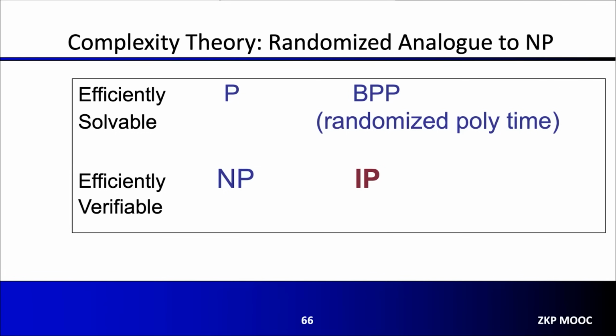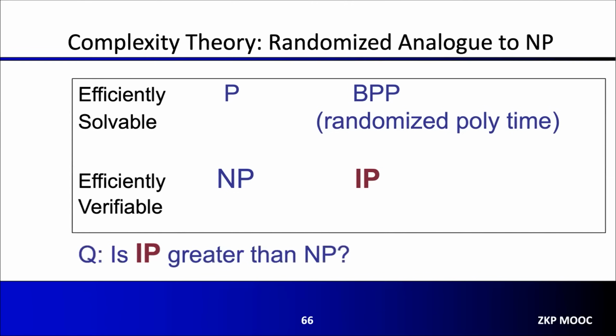Here is an example. I'll show an example of an interactive proof for a statement which is not an NP statement, where the verifier is doing something a little bit more than just tossing coins. This will answer two questions at the same time.